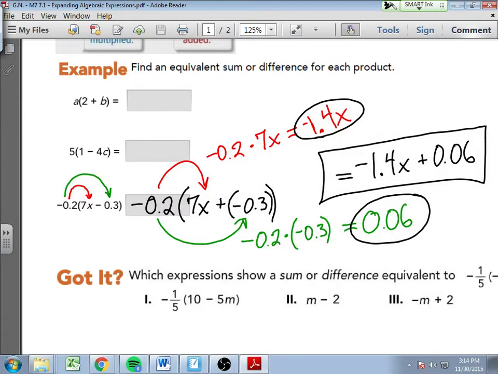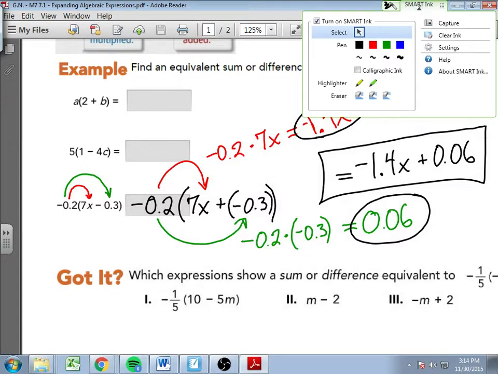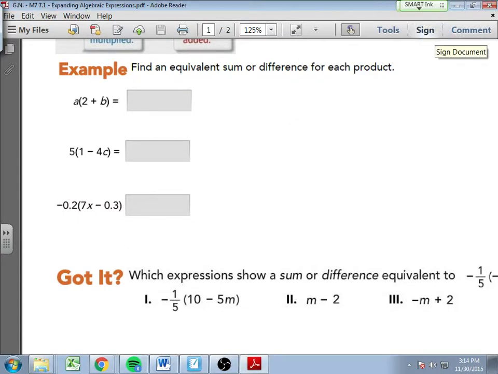The other way, if you don't change the subtraction into addition of a negative, I'm going to run that real quick. My first multiplication, negative 2/10 times 7x. My second multiplication, but now I'm going to use that as a minus. So now it's minus negative 2/10 times, this is now positive 3/10.